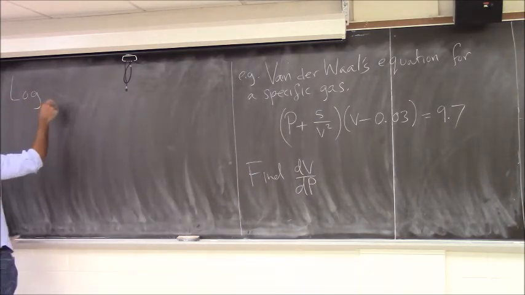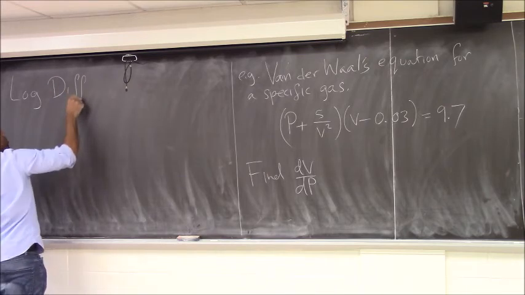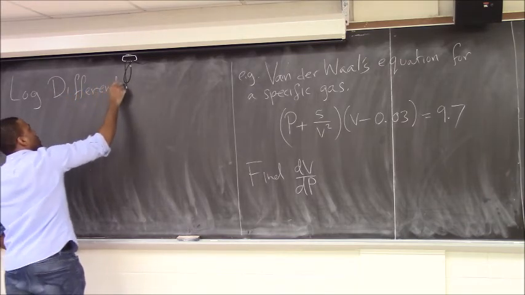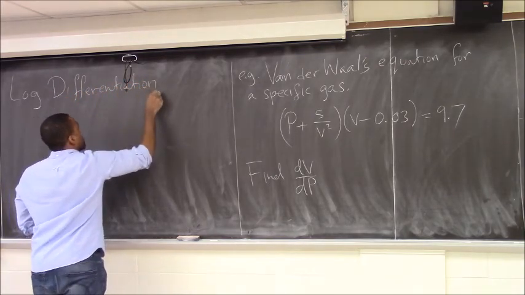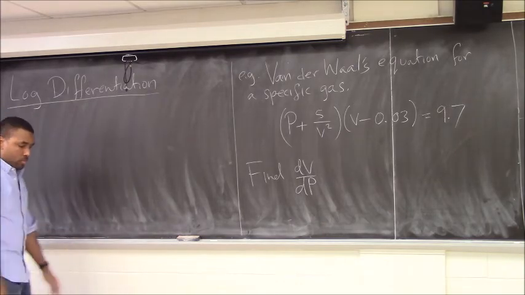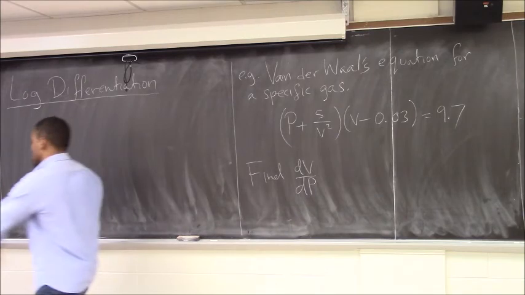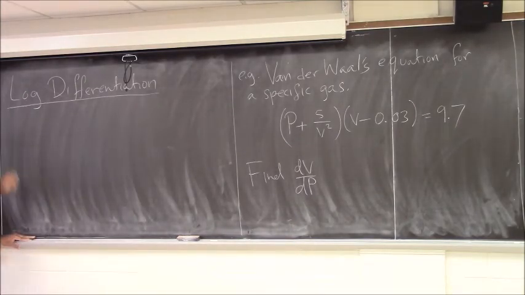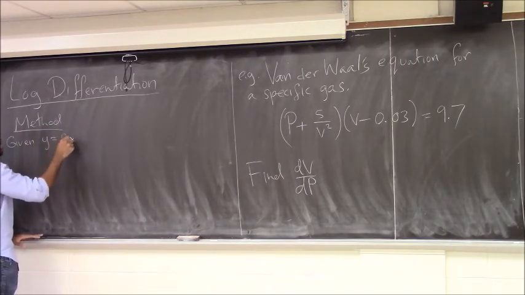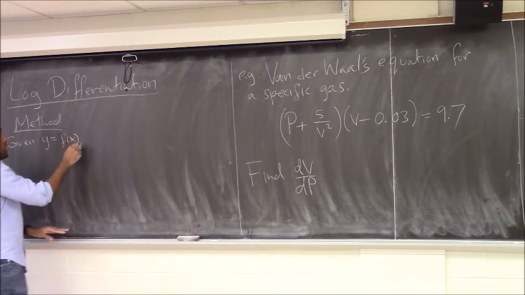Let me mention a little bit about log differentiation. We'll do more on this next time. I'll just give you the method and talk about one instance in which we want to use it, but then we'll cover other instances next week. So here it is as a method. Let's say you're given something in the explicit case, and you want to find y prime.